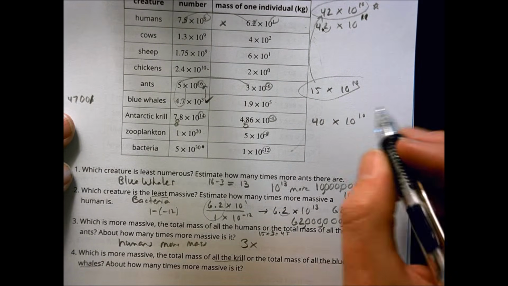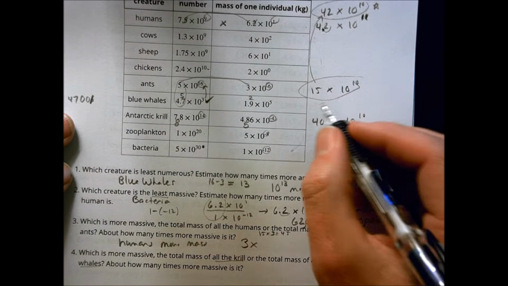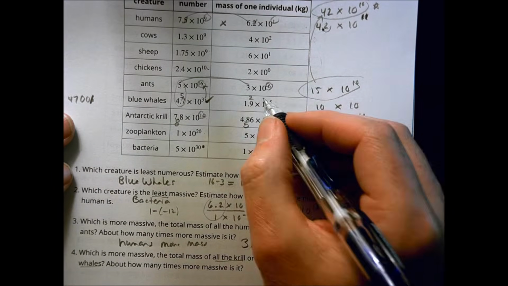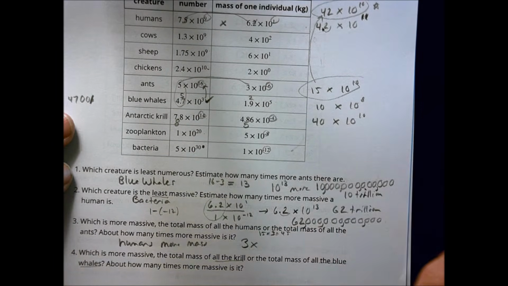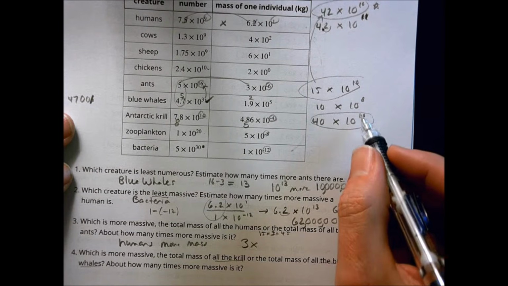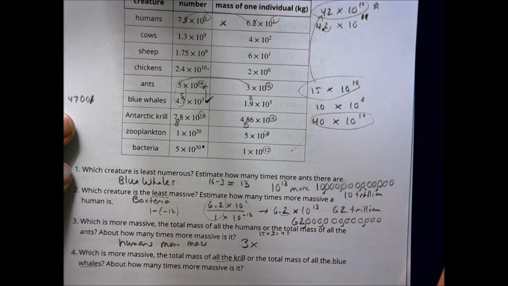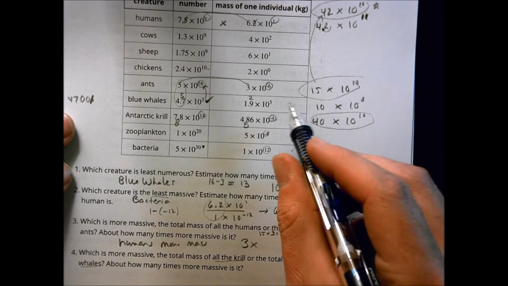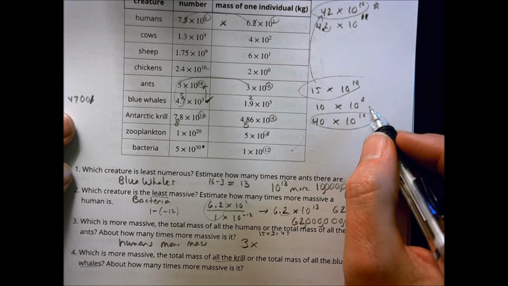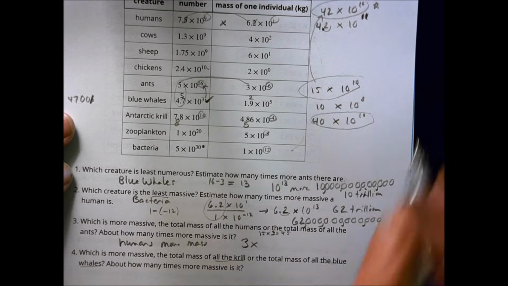And for the blue whales, we're going to do something like, estimating here, 5 and 2, we'll call that a 10, times 10 to the 3 plus 5 is 8th power. So right away I can see that this one is larger, because 10 to the 10th power compared to 10 to the 8th power just makes more sense. Okay, so we're going to go with the krill.